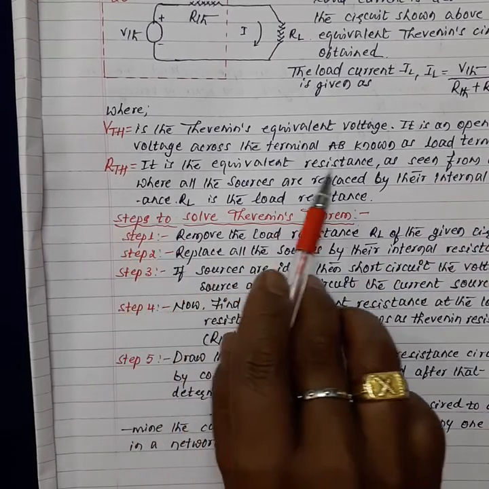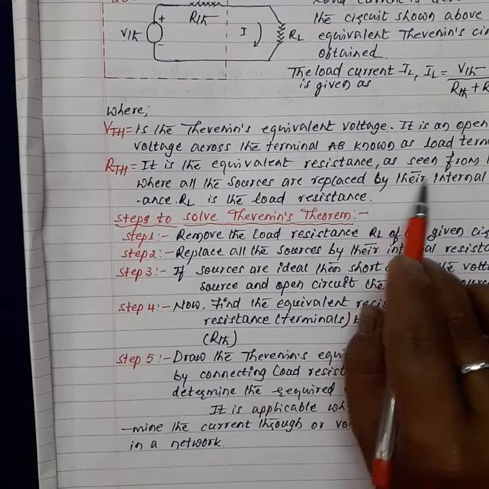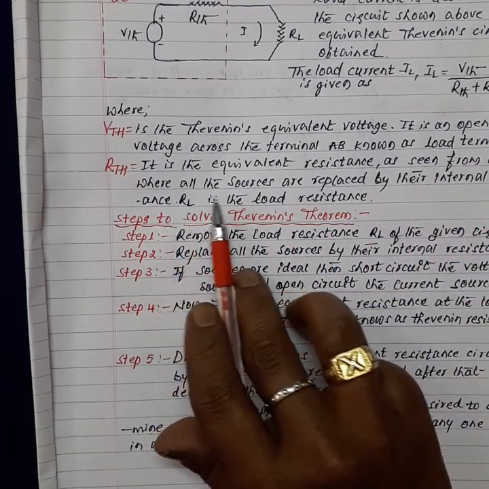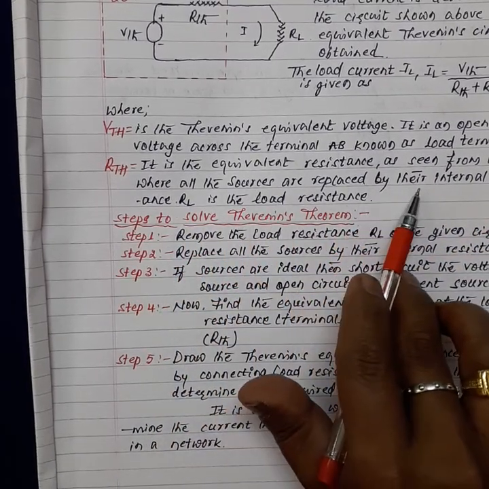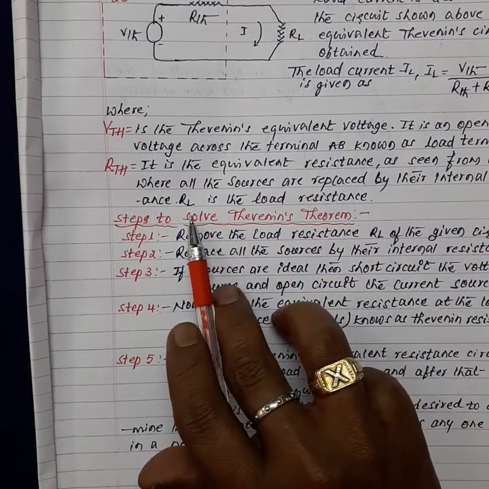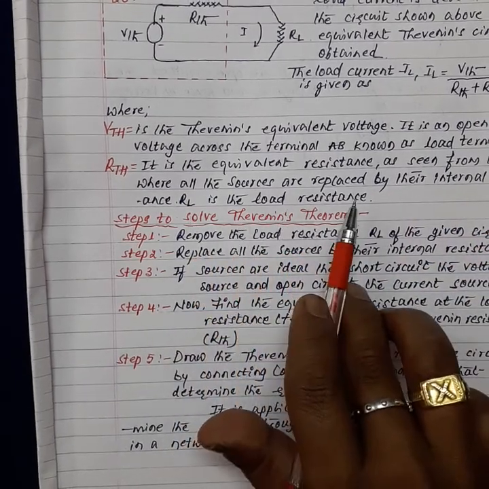RTH is the equivalent resistance as seen from the load terminals where all the sources are replaced by their internal impedance, and RL is the load resistance.